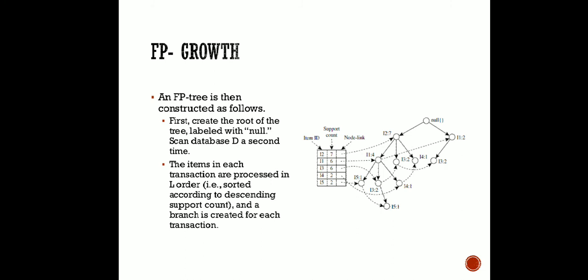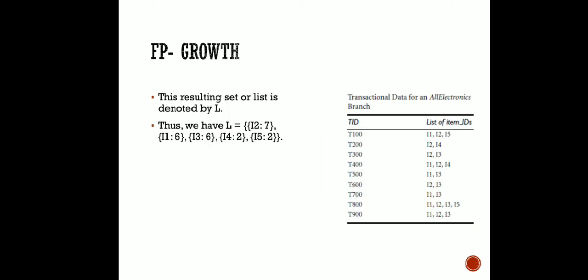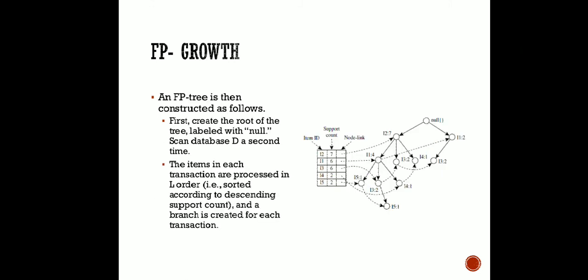Now let us go back to this chart. For the first transaction ID, that is T100, what are the two more items associated with I2? One is I1, another is I5. Let us go back to the tree again. Just see the leftmost path, do not focus anywhere else.